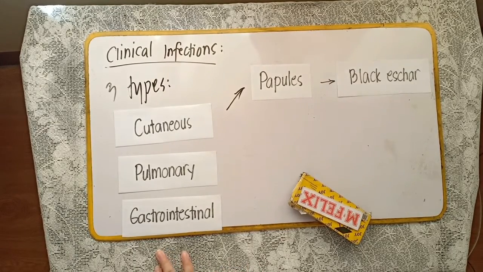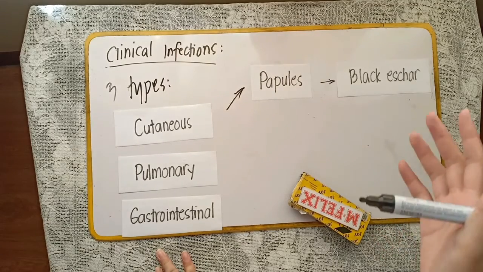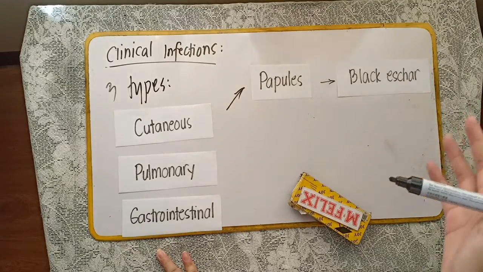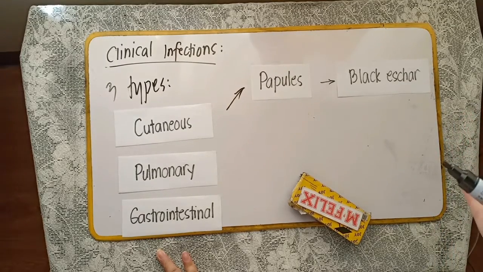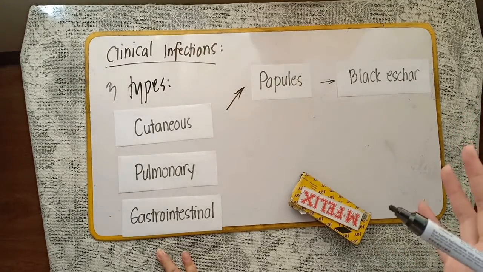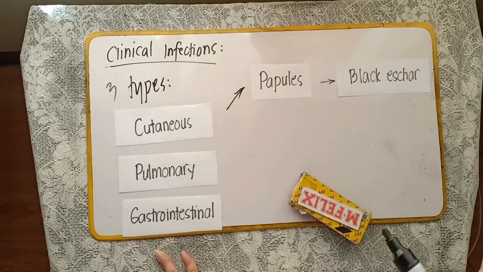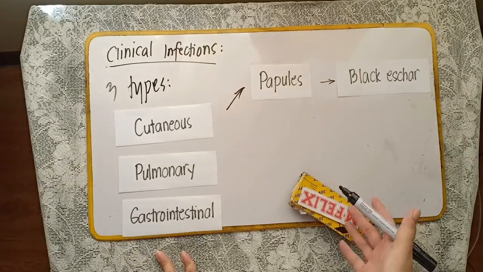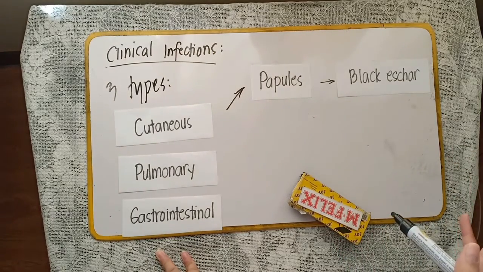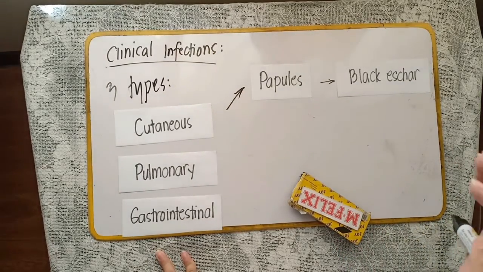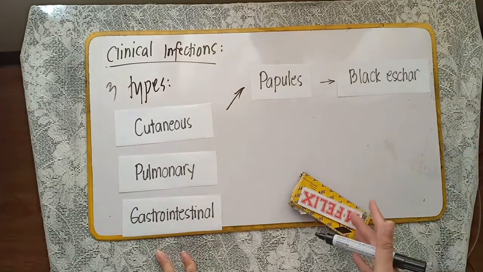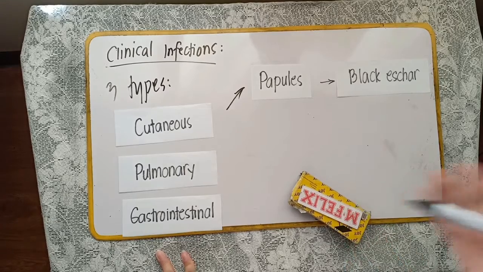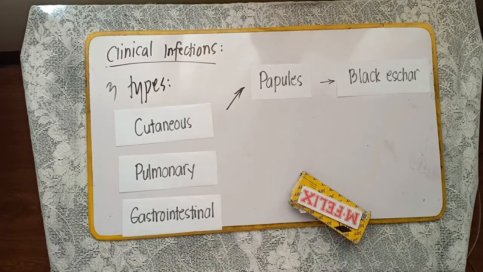Although this black eschar is considered a painless lesion, and it does not produce pus, so it is non-pyogenic. Cutaneous anthrax can actually progress to toxemia and death. The patient can die from it.